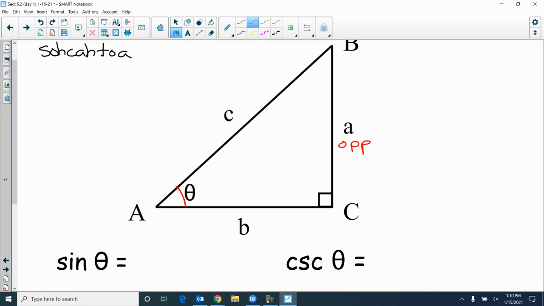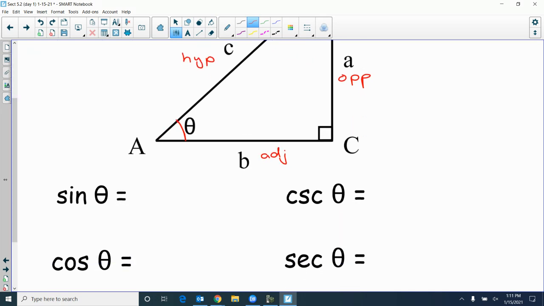So if this is angle A, you have to label that as side A. You can't randomly put them down. If angle C is the right angle, the hypotenuse across from it has to be side C. And then angle B is side B. So across from theta is opposite, the adjacent is next to it, and the hypotenuse always has to be across from the right angle.